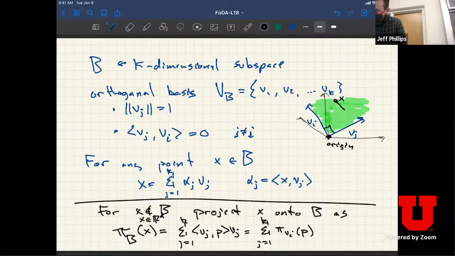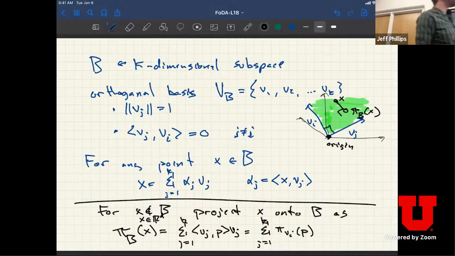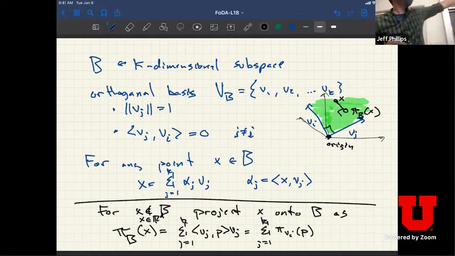So I need to project it down onto here, with a right angle, so that the projection onto B of x is the closest point. Basically it's the same as recovering a point in the span: I do the best I can. I find the closest point in the span, and I try to recover it, and there are some parts that are missing. So I take some point x and project it onto the closest point in that space, and that's exactly a projection onto each of the basis vectors.